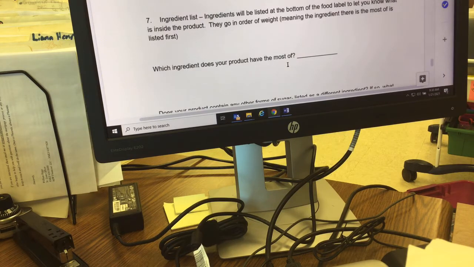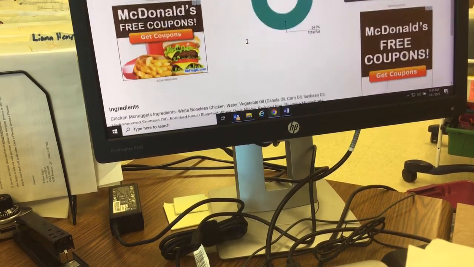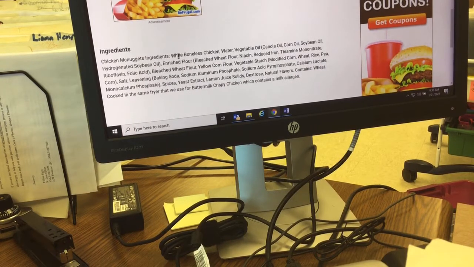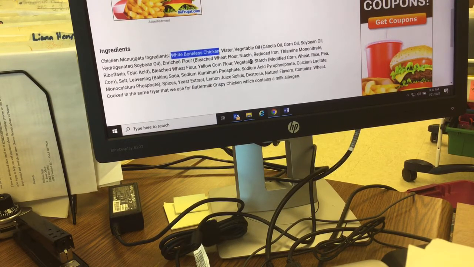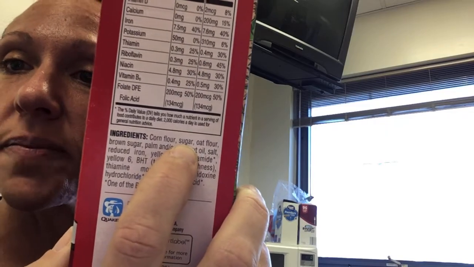At the very bottom, you have an ingredient list. And even on the one here on My Calorie King, it gives you the ingredients. Okay. The thing listed first is the thing there is the most of in the product. All right. So when you're looking at your ingredients down here, the thing that's listed first, so corn flour, but then look what's next, sugar, right?